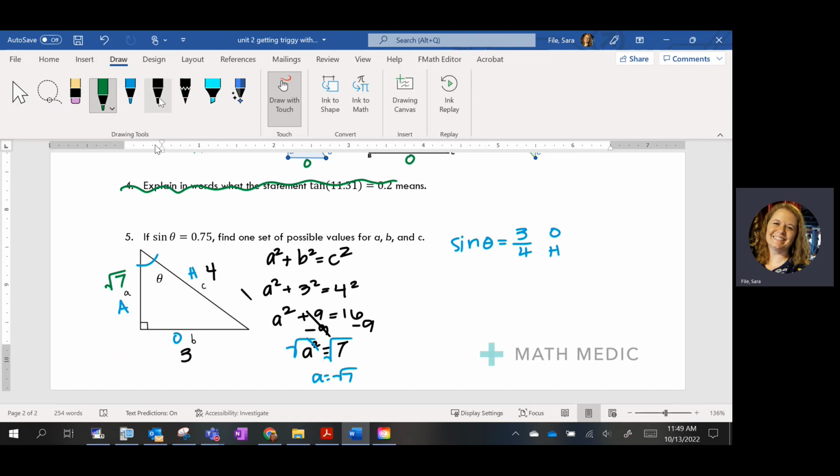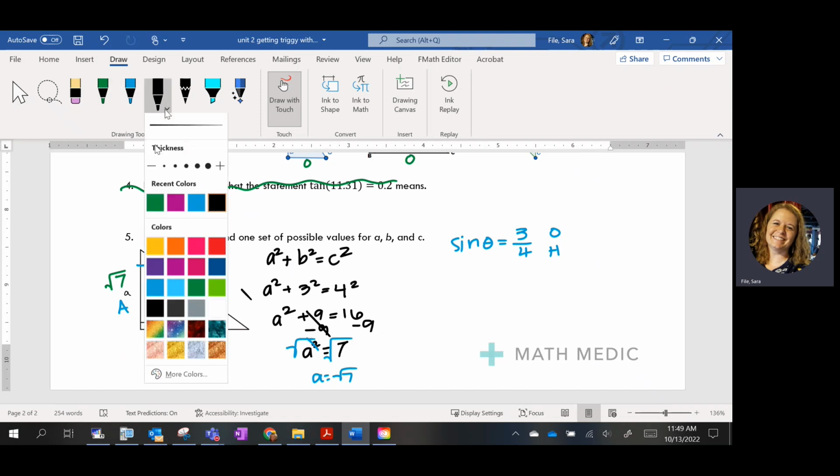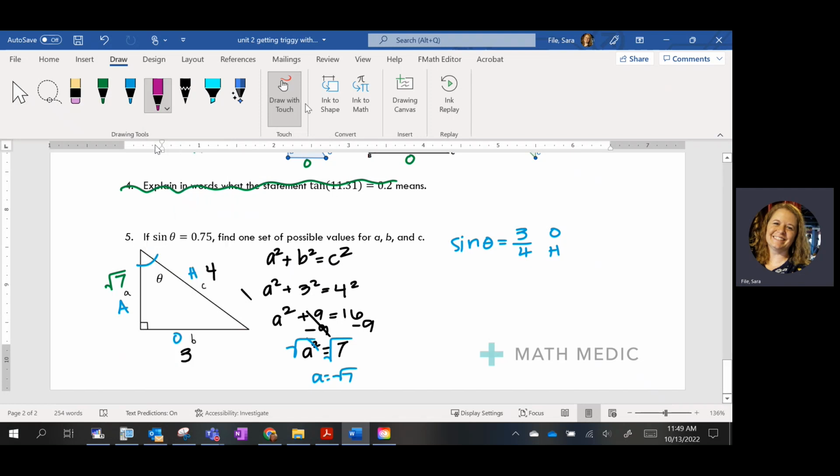The other possibilities, there's infinitely many possibilities, but it's anything that would make the O over H ratio 0.75. So really you could have done 6 to 8, because that would reduce to 3/4.